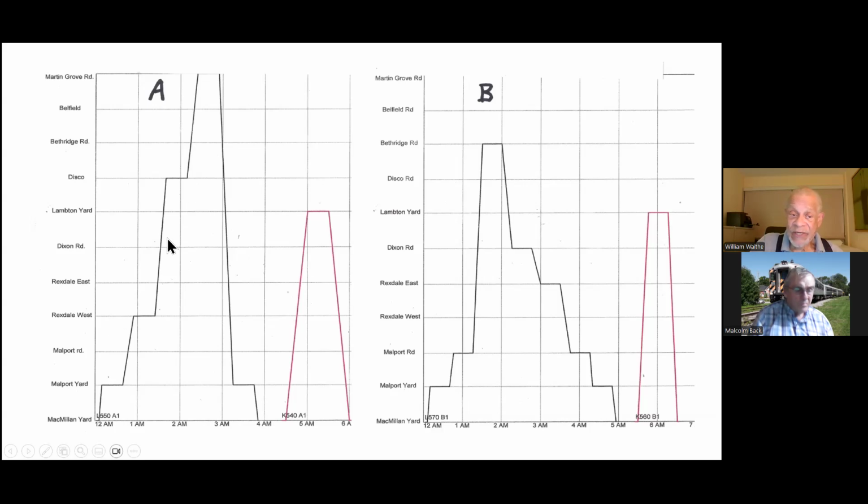And what is important is that after each local turn has gone to the industries, delivered products, and picked up products, there is then an accompanying transfer run from the Macmillan yard directly to the interchange, carrying those products or those empty cars, and then bringing products back from the virtual industries. So there's a transfer run after each. So we have the two locals and their transfer runs.